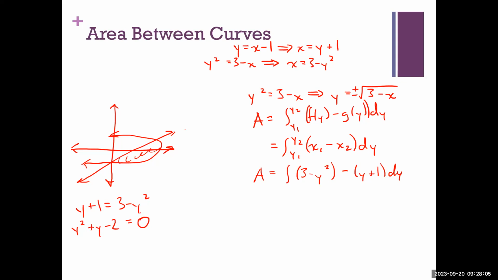Now what? Trying to figure out if y'all are factor friendly, or if you like the quadratic formula. You waiting for me to do it? I'm not going to do it. y plus 2 times y minus 1. So y equals -2, +1.